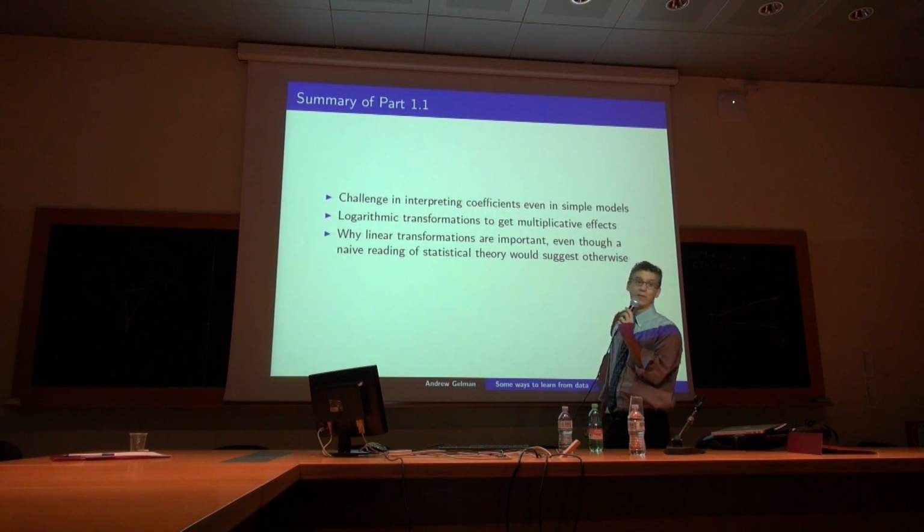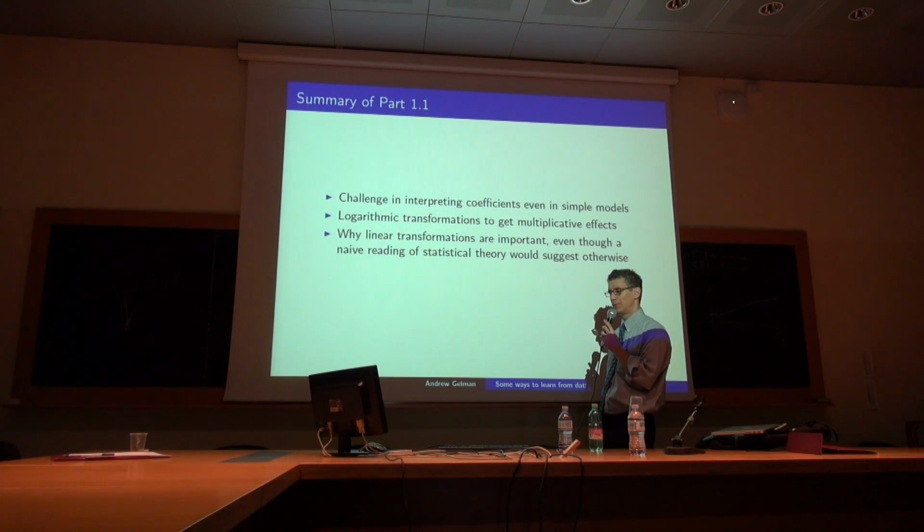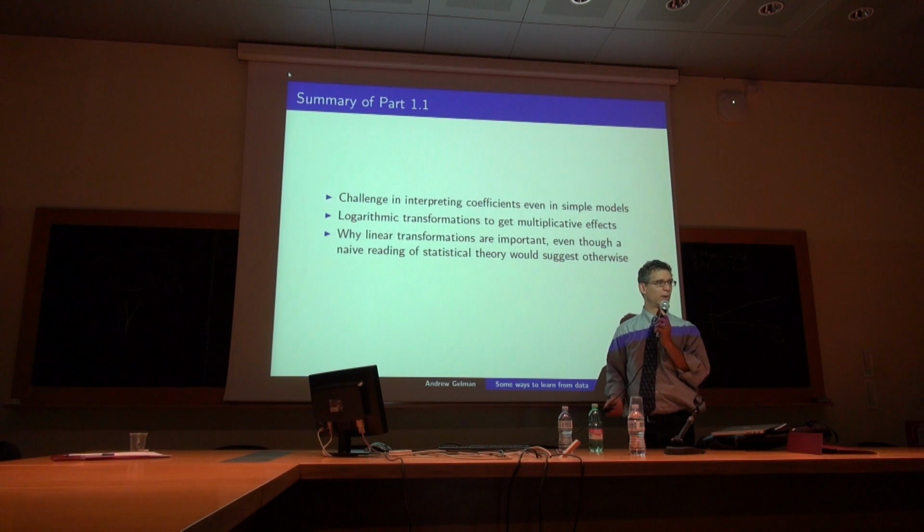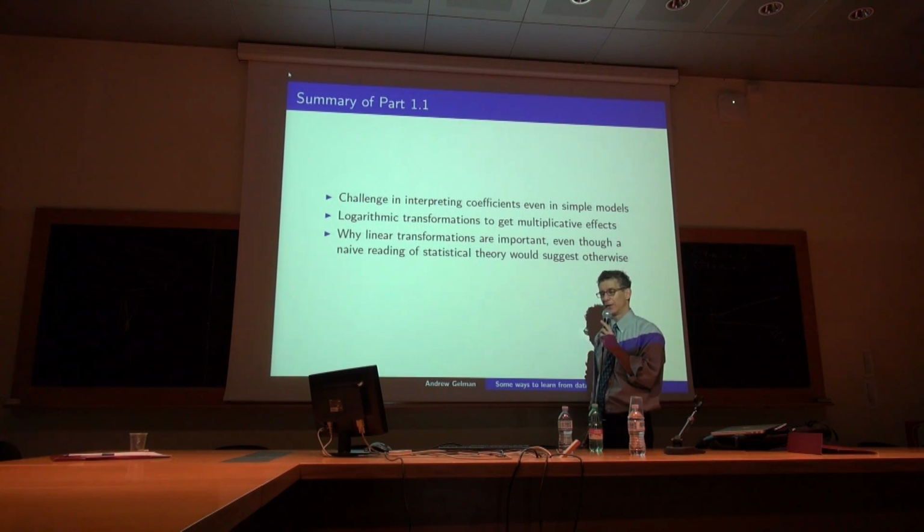So in summary, even the simplest models, like regression of earnings on sex and height, even there the interpretation of the coefficient is not obvious. Doing a log transformation can be very important, and even a linear transformation can help. Theory would suggest otherwise, but doing linear transformations can give us a better handle on what our model is.